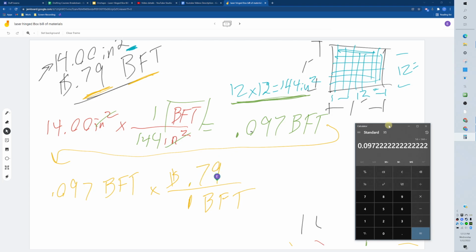Now, put that in the calculator. 0.097, I'm just going to leave it, and then times 0.79. That will equal about, and I'm always going to round up, 8 cents. There's my cost, 8 cents.